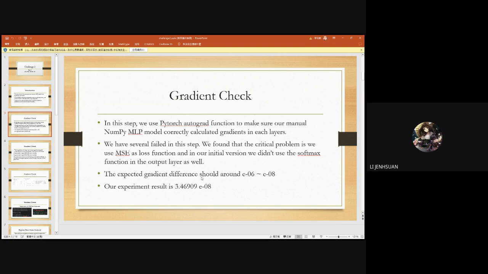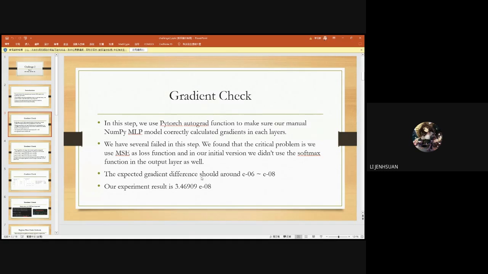So let's look at how we verify the manual gradient with NumPy. Because we need to make sure our manual gradient is in accordance with the PyTorch gradient, we use the PyTorch autograd function to make sure our manual model is on the right track. Unfortunately, we had a lot of failures in this step. We used a wrong loss function, which is a critical problem.